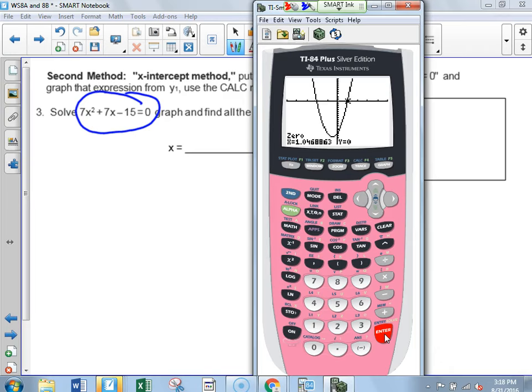Was it exactly 1? No. If you had thought, I think that's at exactly 1, you could have just hit 1, enter, and it would have said, guess what? It's not, because at 1, it's actually down at negative 1. The 0 was at, I don't remember, anybody, 1.04 or something?